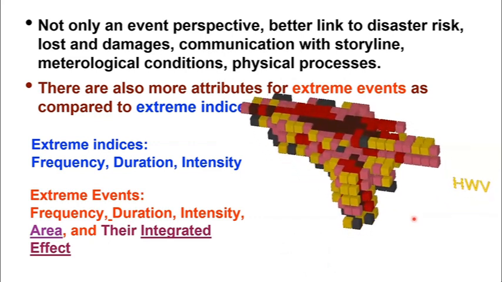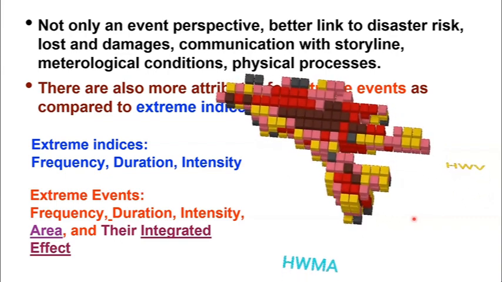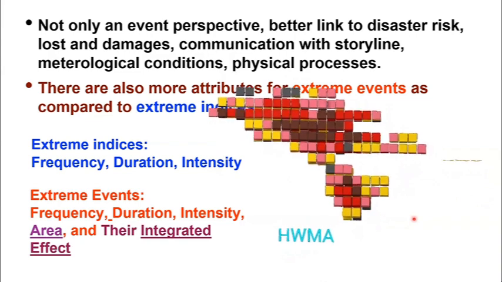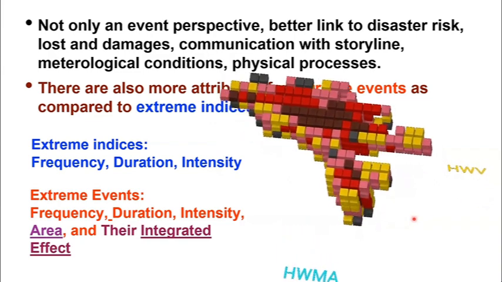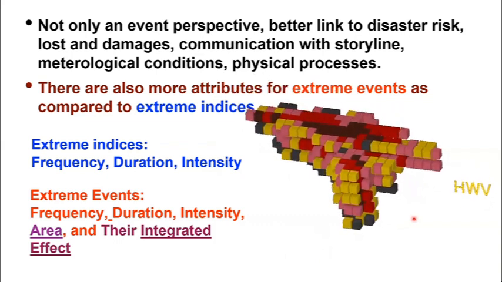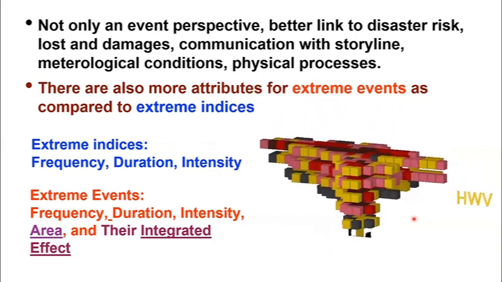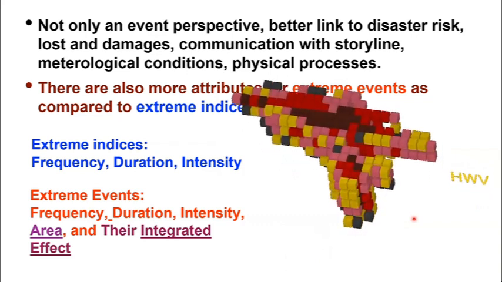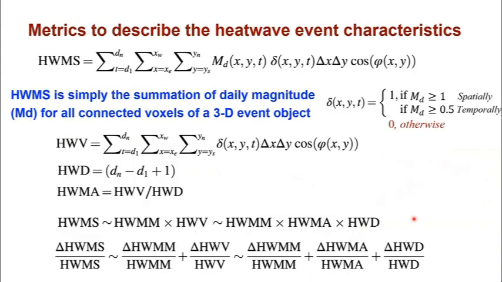And then you can also calculate the integrated total effect. For example, if it's a rainfall, the whole thing will be how much volume of water is going in. It's not just one day only. So you can think of it in the way that this integrated effect can be considered. And there are some metrics for these attributes.